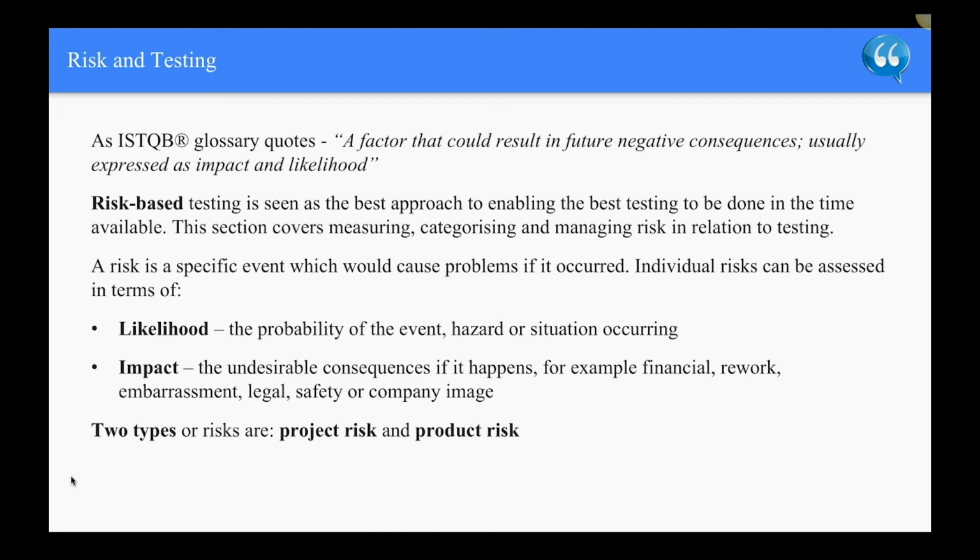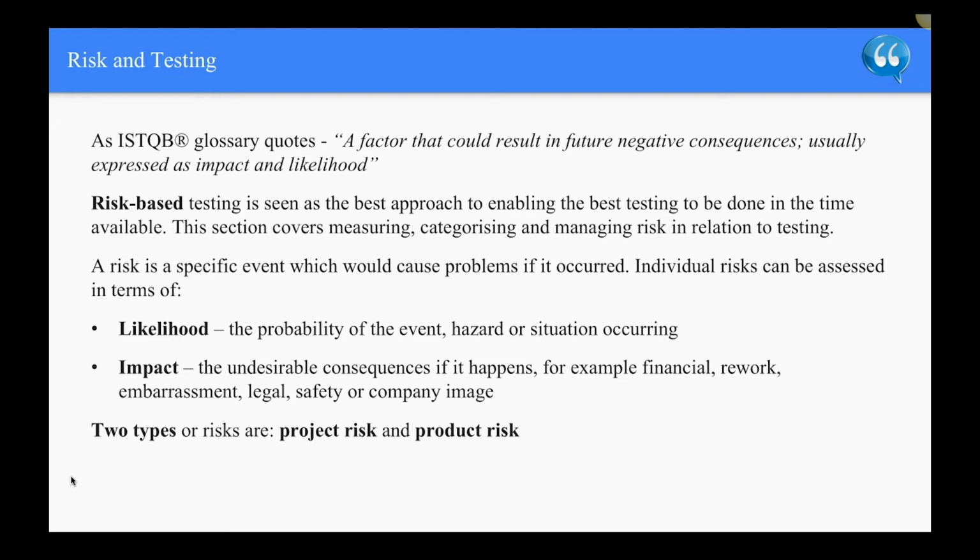In my experience with the exam, the answer containing the word risk would most of the time be more likely to be the right answer. So just bear this in mind. Risk is a very important word in testing.